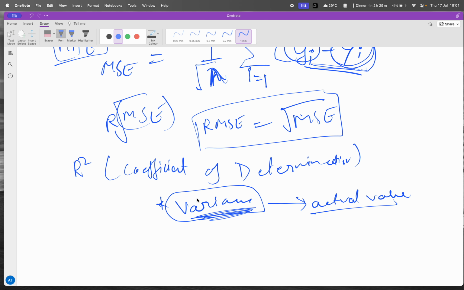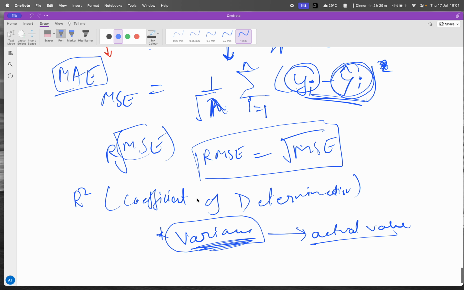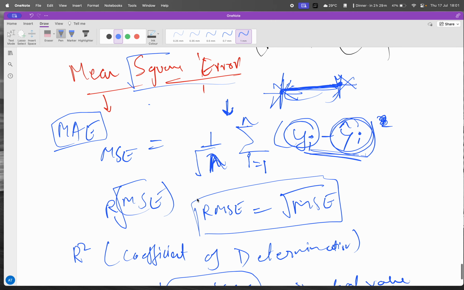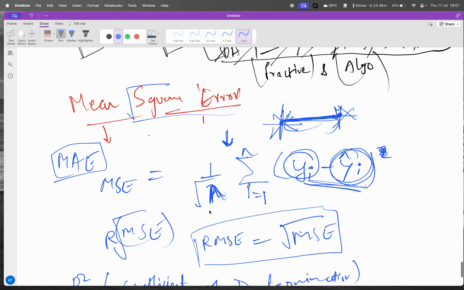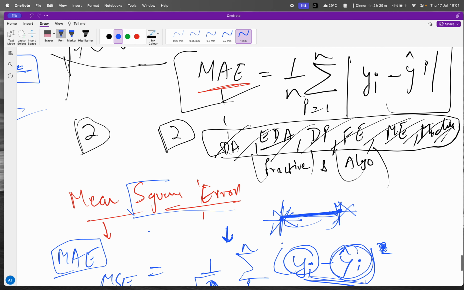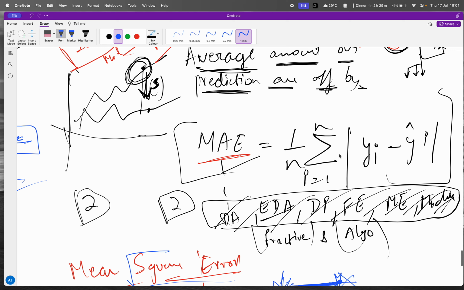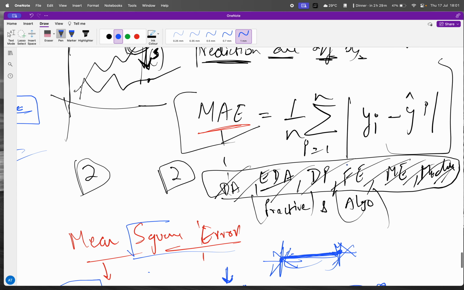For right now you can understand that R square or R squared is nothing but how well our model fits the data. That's it, that is R square. For RMSE, you can understand that the error is in the same unit as our prediction, dividing it with the square root, that's it for RMSE. But MAE is done for the small errors and MSE is done for the big errors.